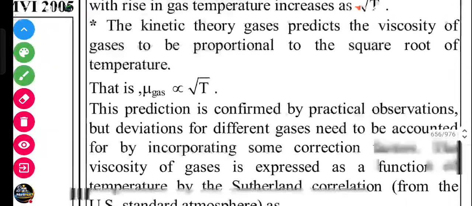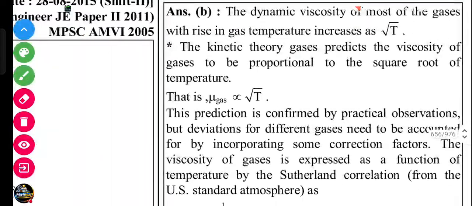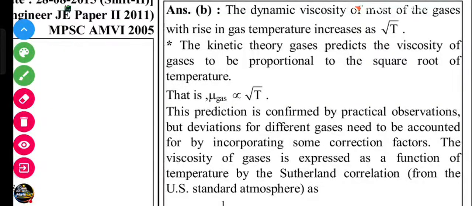Here you can see the explanation. The dynamic viscosity of most of the gases with the rise in the gas temperature increases as root T, and the kinematic viscosity as T^(3/2). Okay. The kinetic theory of gases predicts the viscosity of gases to be proportional to the square root of the temperature.